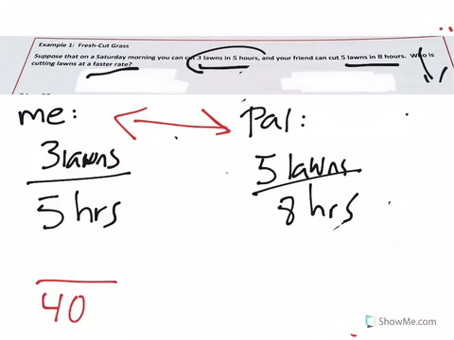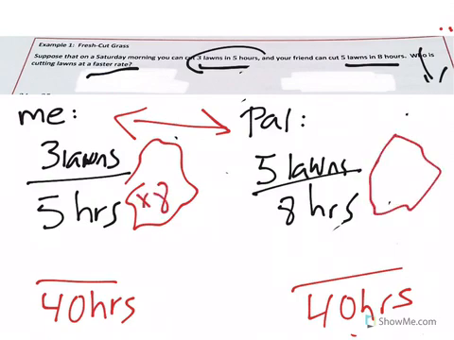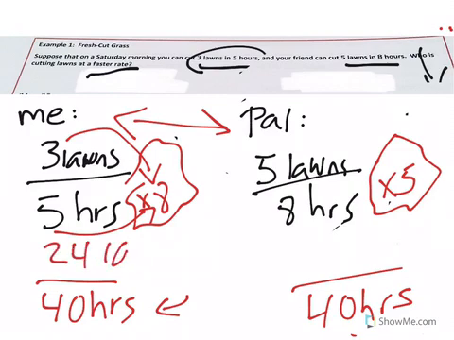So I'm going to figure out each of these in 40 hours. Yes, it does help to find out how many lawns they can cut in 1 hour, but as long as the hours are the same, we'll know who does a faster job in 40 hours. To get from 5 to 40, we used our constant, times 8. To get from 8 to 40, we do times 5. Since we did 5 times 8 equals 40, we also do 3 times 8, which gives us 24 lawns.